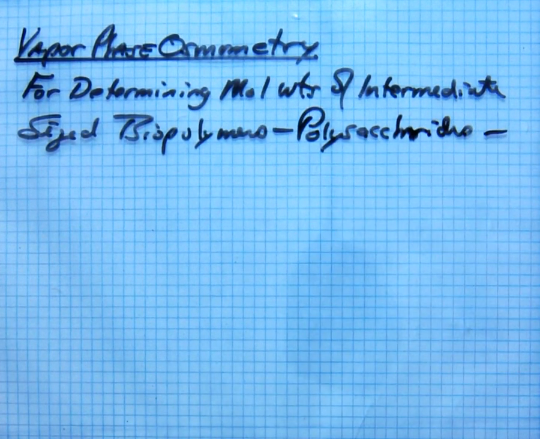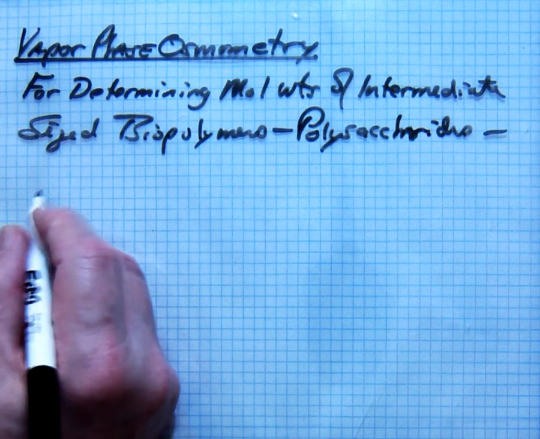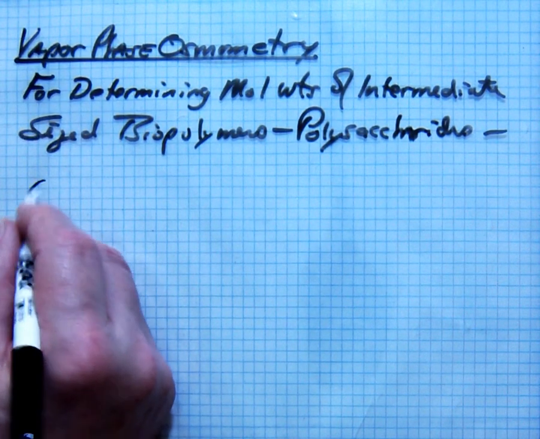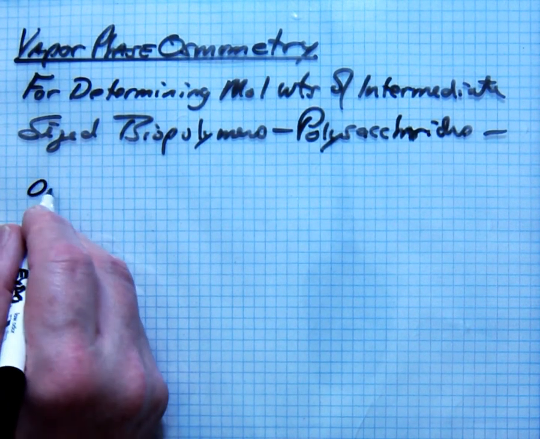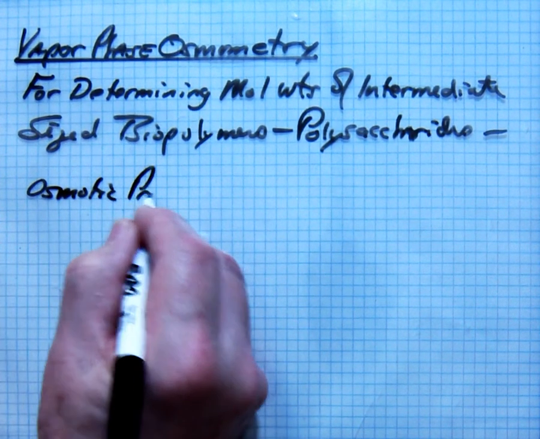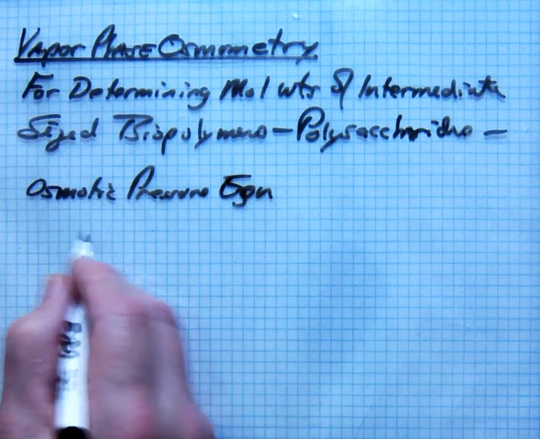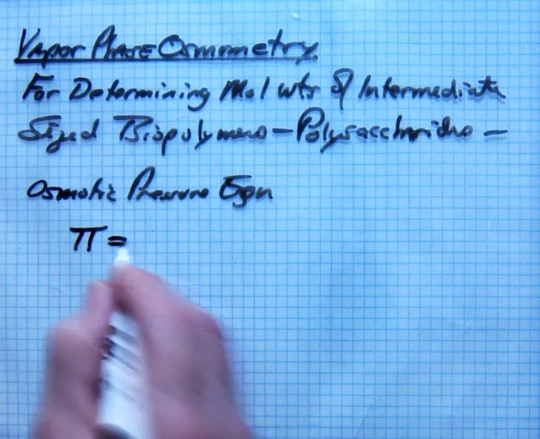Polysaccharides is a good example. Now, how is this done? Well, the osmotic pressure equation is very simple in its look.